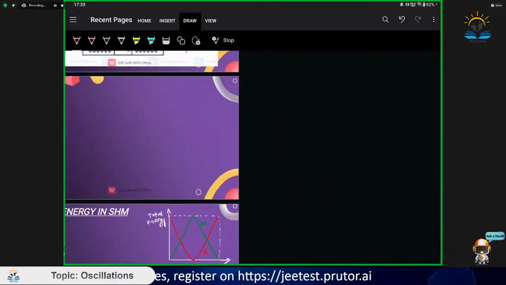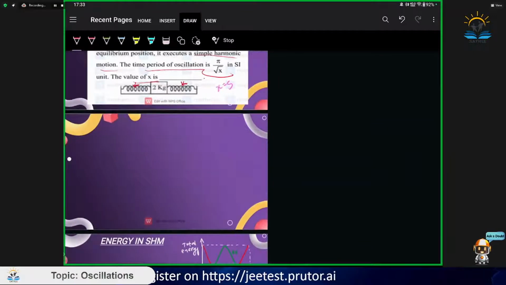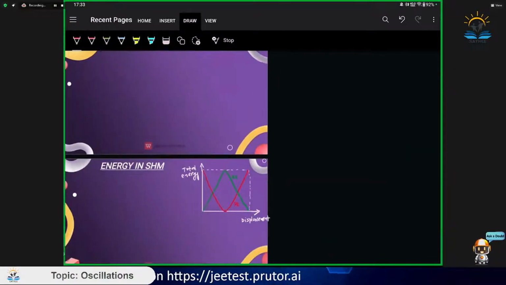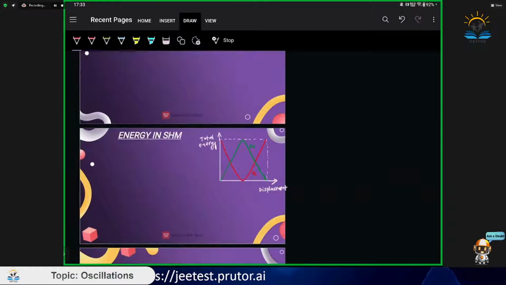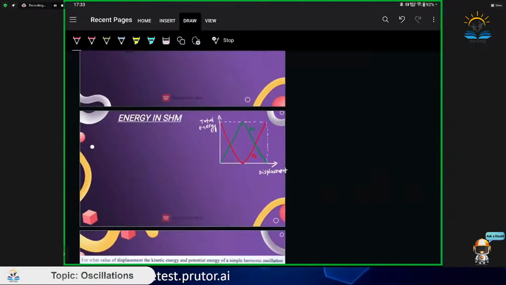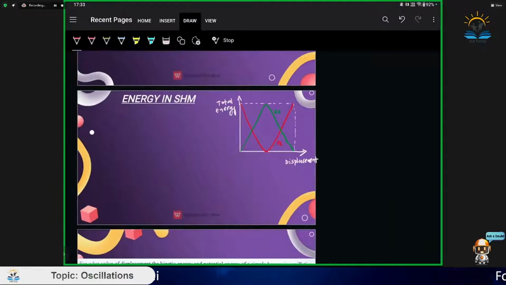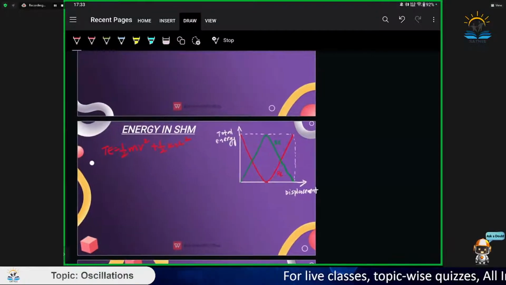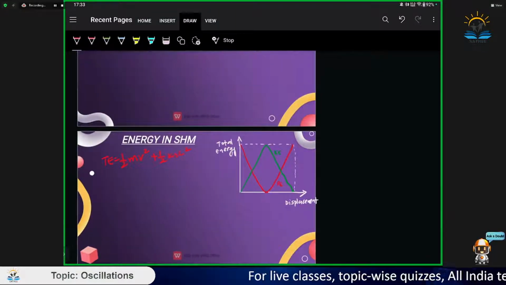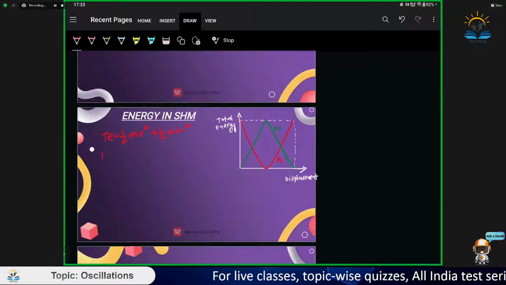Next, let's see energy in SHM. Energy is also very simple. When the block is at equilibrium position, it will have only kinetic energy, because total energy is half mv square plus half kx square. What is the equation of velocity?